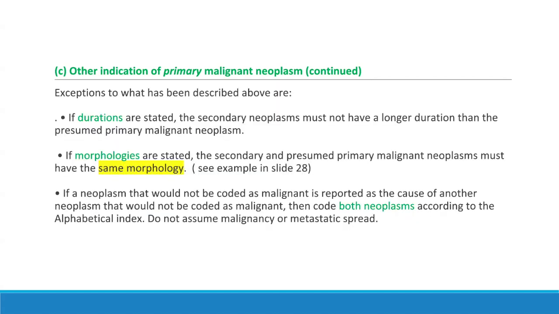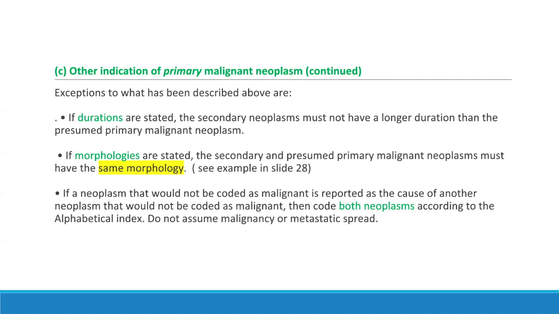This slide outlines two key exceptions for coding primary malignant neoplasms in death certificates. If the death certificate includes the duration, the duration of secondary neoplasm must not be longer than the primary malignant neoplasm.